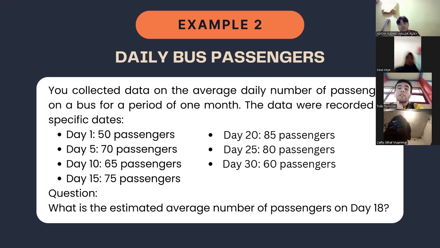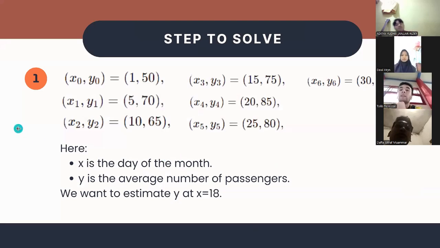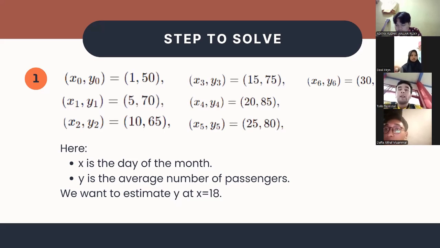So our question is, what is the estimated average number of passengers on day 18? So our question is about finding the passengers on day 18. We are going to solve the question step by step. The first step is to take note about the data.